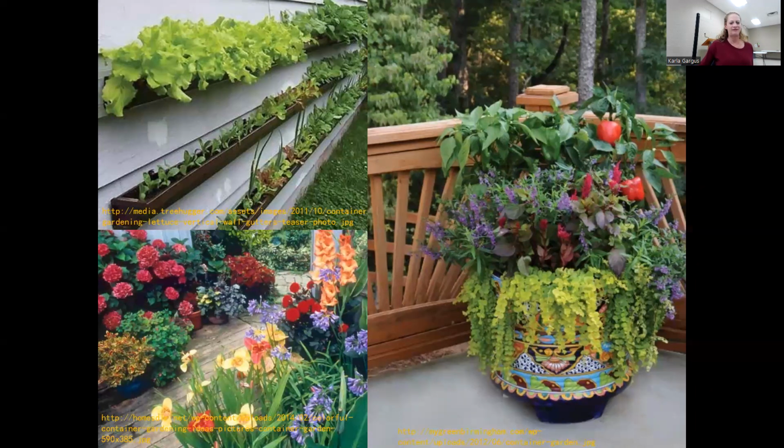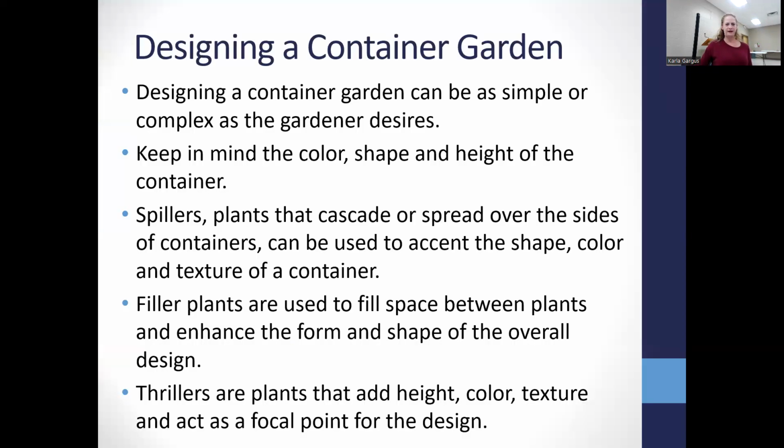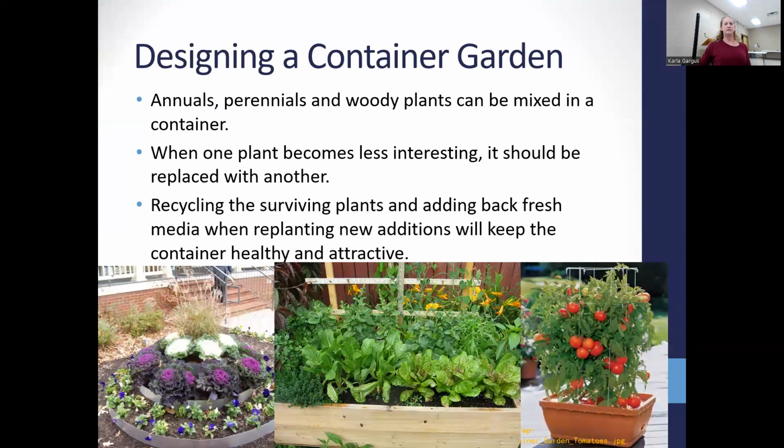If you have a disability and you need to reach things right in front of you, that might be a good way to continue to garden, because you can reach it easily. Different sizes of pots. You don't want them too heavy if you have back problems. Or have them on little rollers where you can easily move them around, or get somebody with muscles to help with that. We're getting at 9 o'clock.